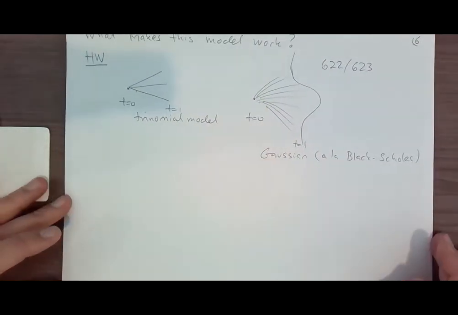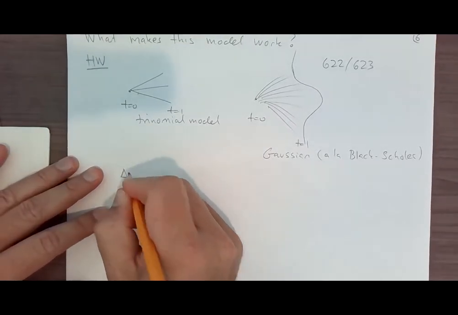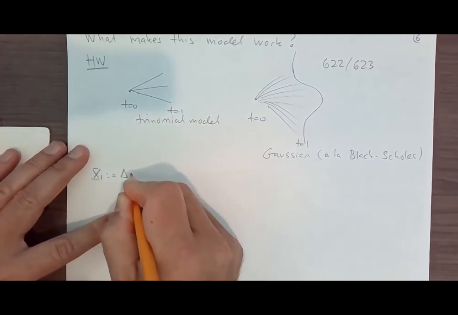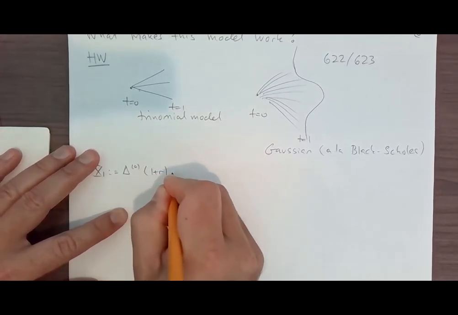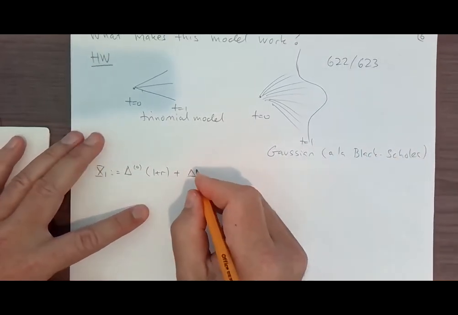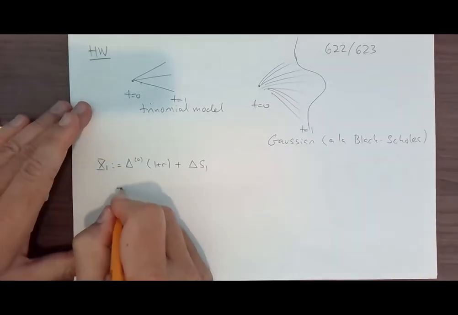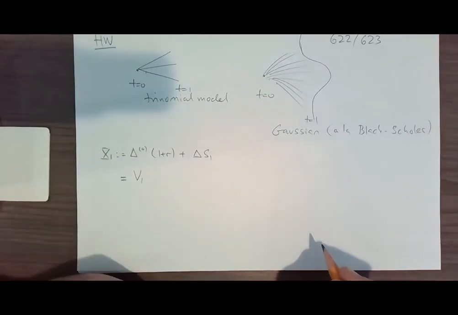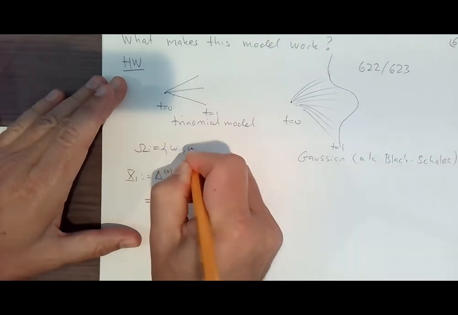So in the trinomial model, you could do the same game. You want to have your wealth at time 1. This is the bank account holdings times the price of the bank account at time 1 plus the stock holdings times the stock price at time 1. Right, and you want to replicate, so you want this to be equal to V1, but in a trinomial model, you have 3 omegas.